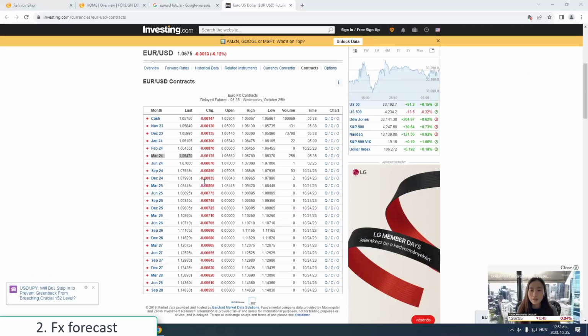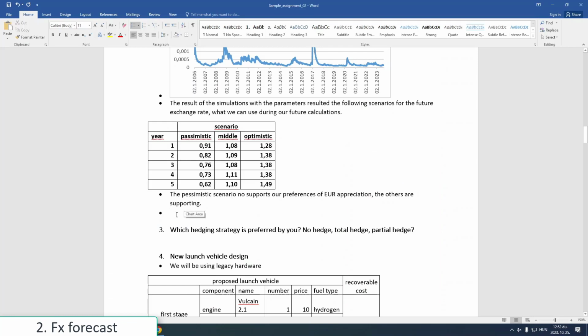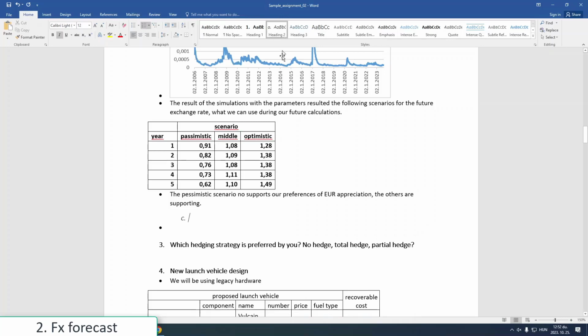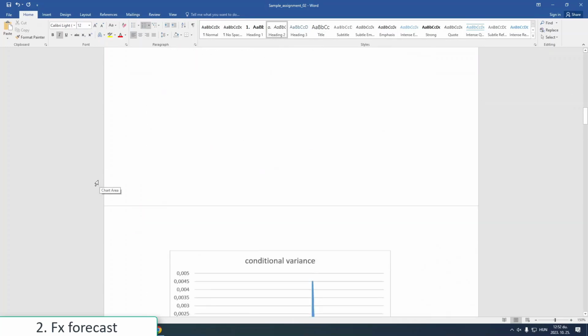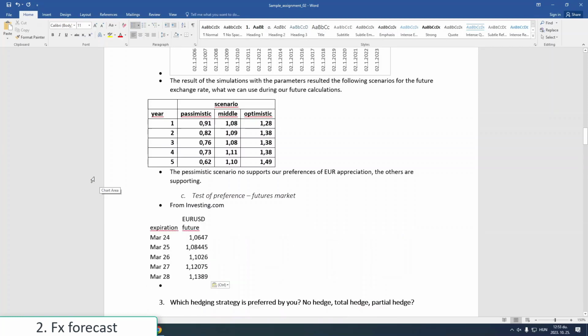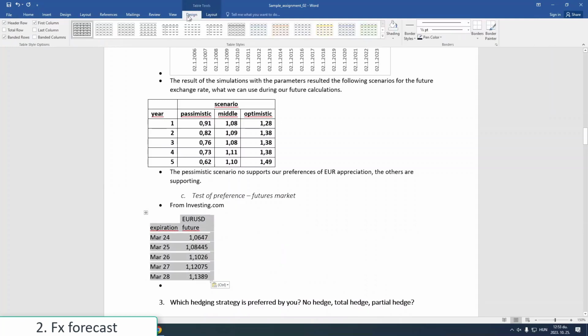So in this case we can say that if we are following the testing, investing.com, we have the following data.